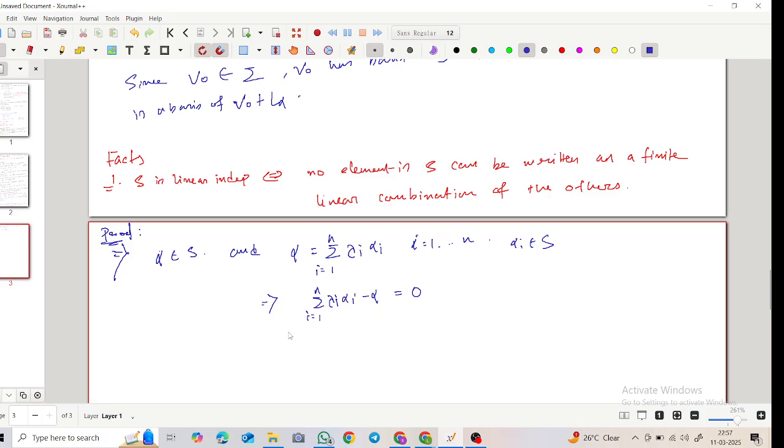Since S is linearly independent, you get lambda I equals 0 for all I, and you get minus 1 equals 0, right? Because this is a finite linear combination, which is a contradiction.